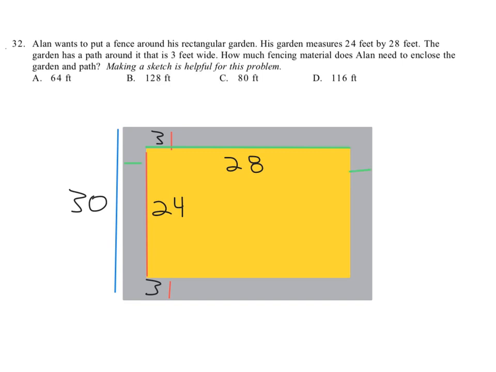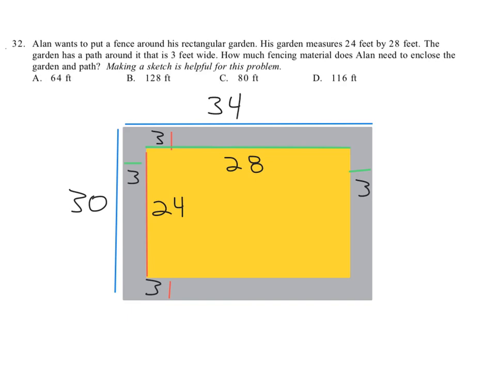So what would that whole direction be in blue? Well, it would be our 28 plus this extra 3 plus this extra 3. What's 28 plus 3? 31. Plus this 3, 34. So that whole thing would be 34.